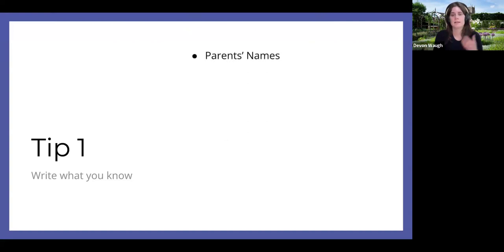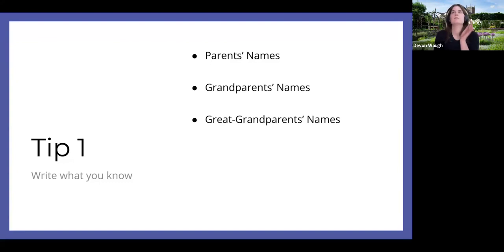And so having information like parents' names, grandparents' names, their years of birth is particularly useful in the census records, as well as places lived. So it can just be a county. It doesn't need to be a particular town or city. Or it can just be the state. So I've done searches where I'm looking in Alabama and then I'm getting a county in Alabama in the census record as a wider search.